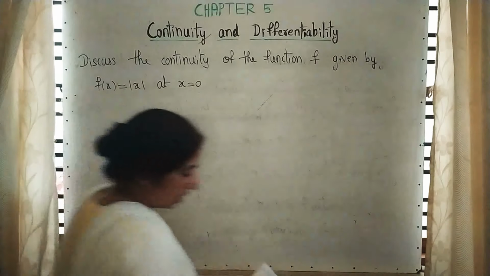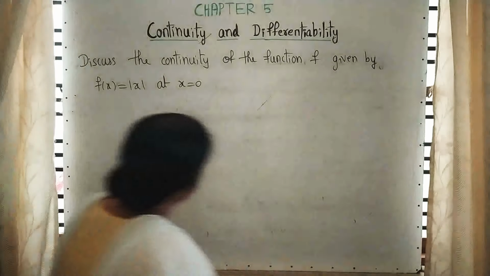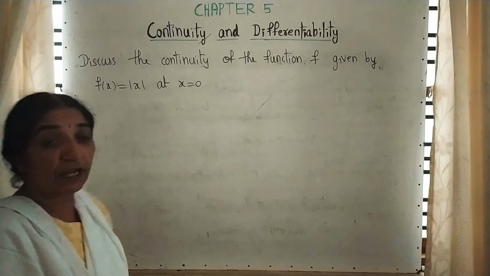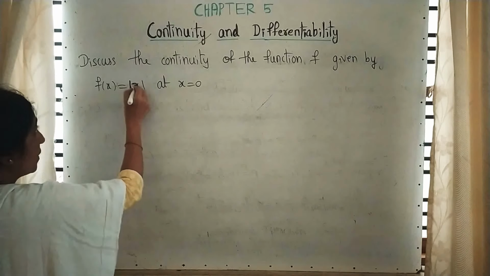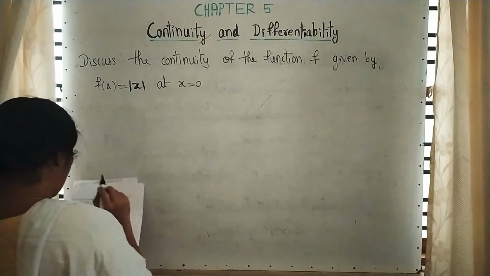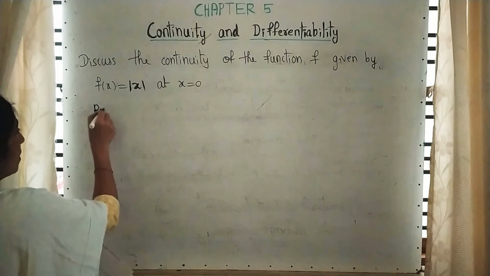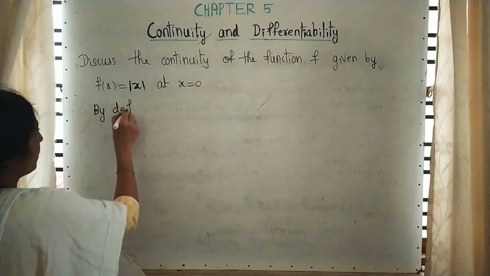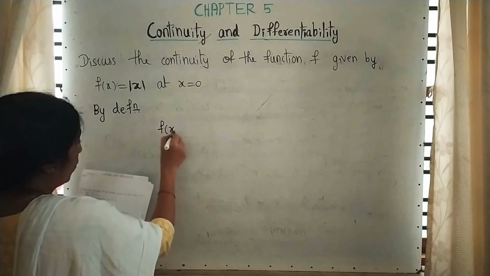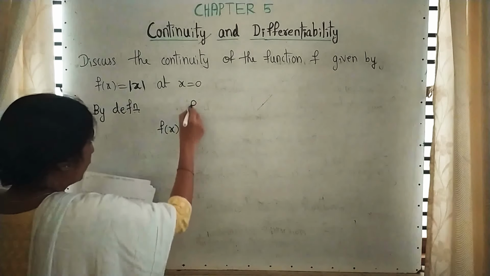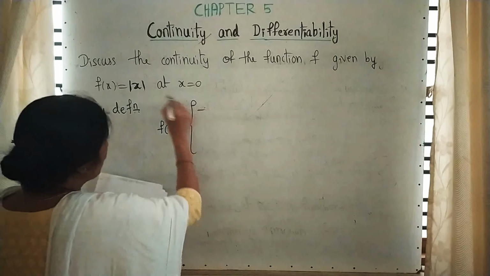Now the students can ask the question. Here also only a point is given, how can we calculate the left hand limit and right hand limit? Here mod is given. Students, have you remembered the definition of modulus? By definition, f of x is equal to mod x.